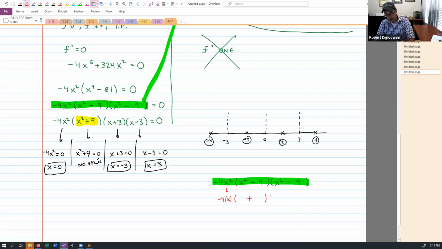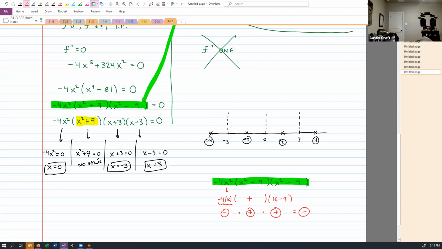And then negative 4 here, square it, 16 minus 9. So we're going to get a negative number here, a positive number here, and a positive number here. Multiply all 3 of those together, and you get a negative number. What does that mean? It's negative, so f double prime at negative 4 is negative. So that means the original function is concave down.